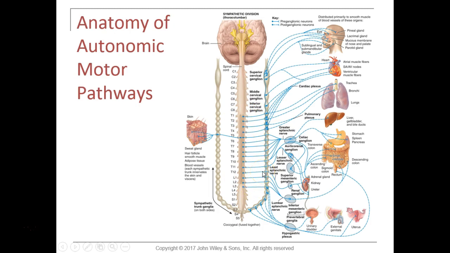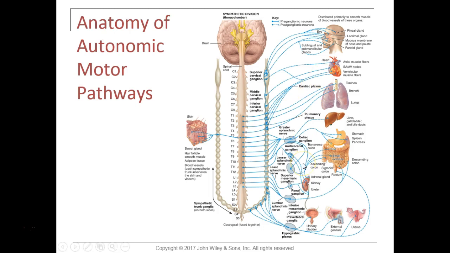Also, something else that you can notice from the picture: for the first neuron, the preganglionics, the artist drew a solid line. That solid line means that all of those preganglionic neurons are myelinated. But then if you look over here, you have all these dotted blue lines that go to the different organs and tissues in the body. The dotted lines are the postganglionic neurons, and the dotted line represents the fact that the postganglionic neurons are always unmyelinated.